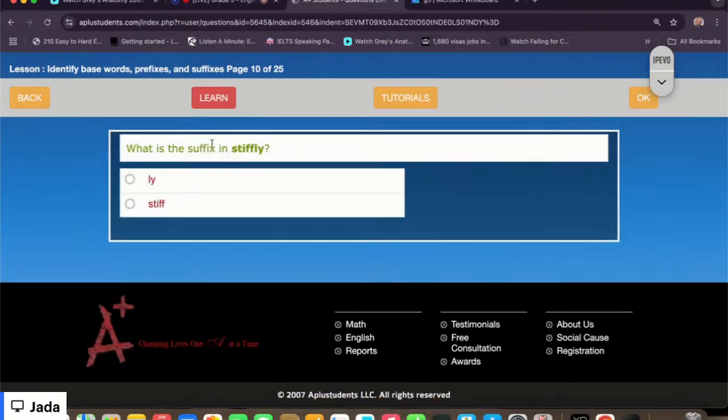So what is the suffix in swiftly? First or second in swiftly? First, second suffix.